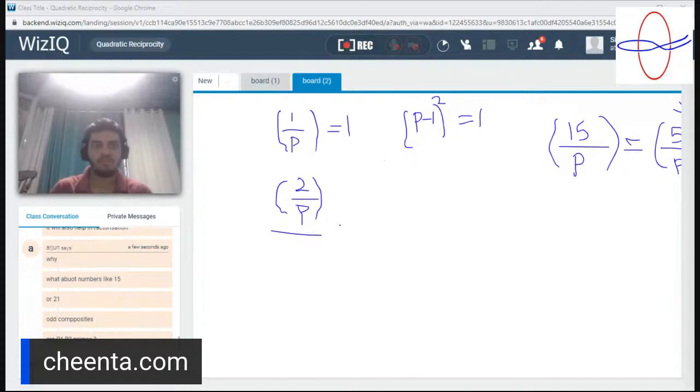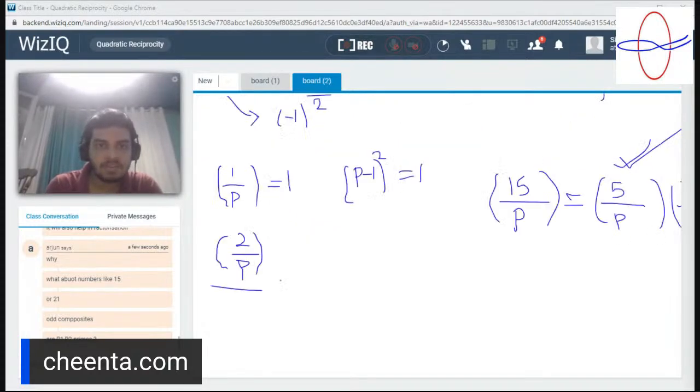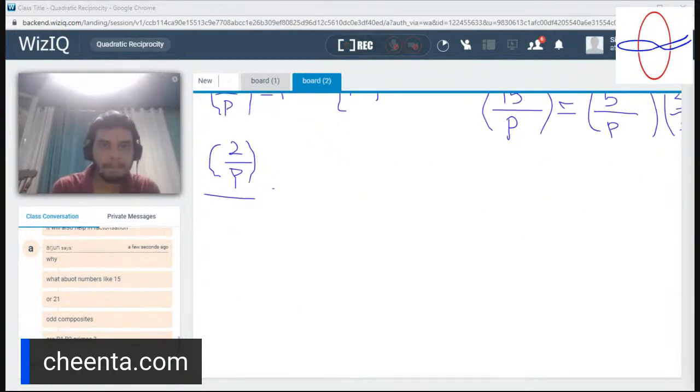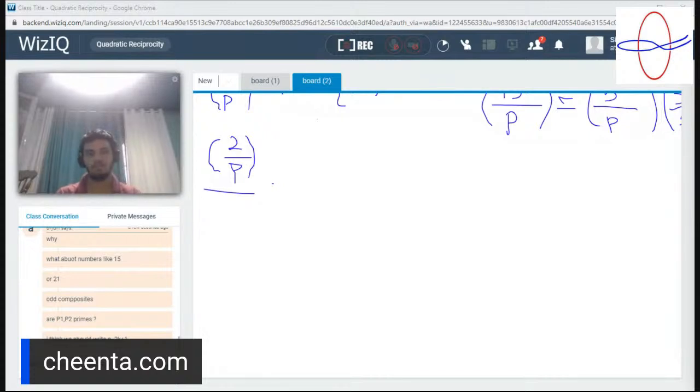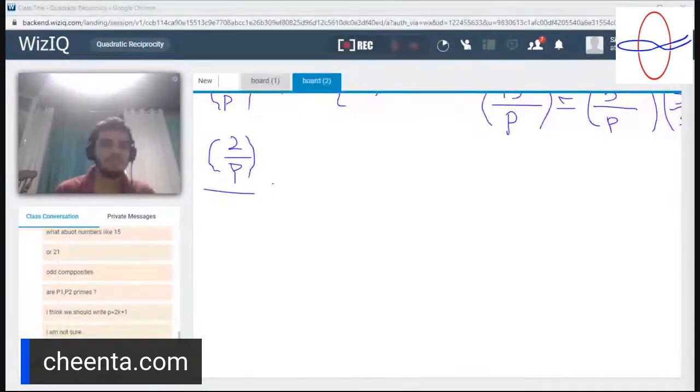Right, so we come back to this question of how to find 2 over P. Does anybody have any intuition for this? Or does anybody know how to do this already? Right, Ashwin, and then what will be?